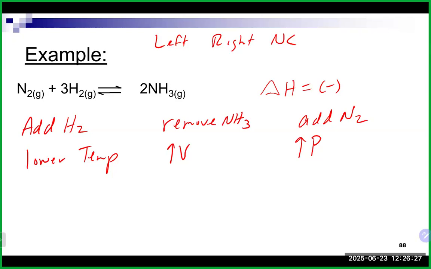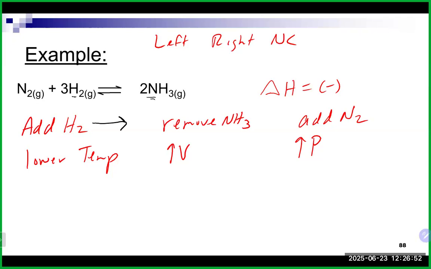Here first, we're going to add some H2. So H2 is over here on the left. When we add, it will go away from that side. So we add it to the left, it should shift to the right in this case. Here we're going to remove some NH3. NH3 is over here on the right. So when we remove, if you want to think about it this way, it's like putting a hole on that side.